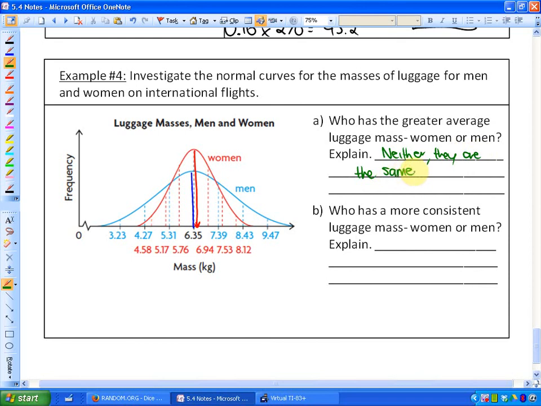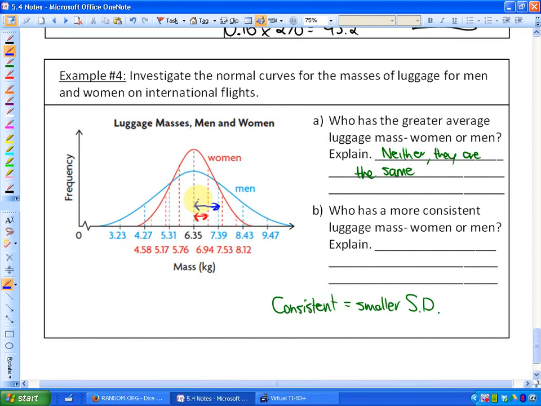And our last question says this: who has a more consistent luggage mass, women or men? And we talked about this in a previous lesson having to do with standard deviation. Consistent equals a smaller standard deviation, or in other words, things are more clustered together. If you look at women here, their standard deviation, which is this distance here, is much smaller than the standard deviation for men.